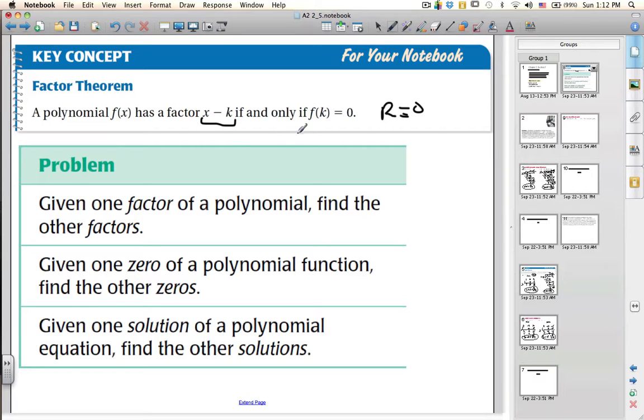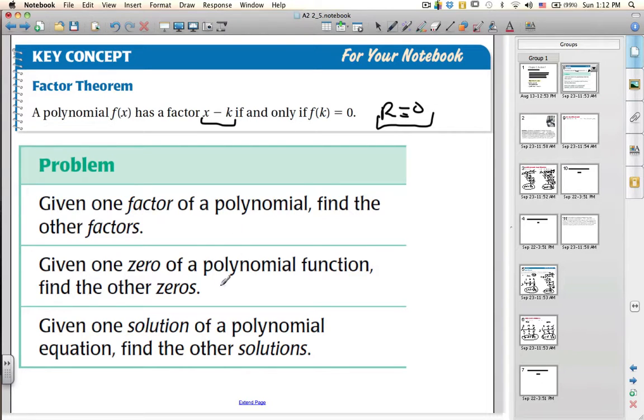Okay, so this means I can use synthetic substitution, which is also synthetic division. I can use it to find factors by looking for inputs that have a remainder of 0. So one of the things we can do is if they tell me one factor of a polynomial, then I can find the other factors.